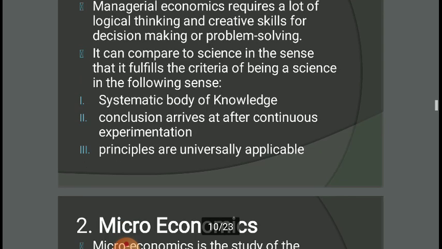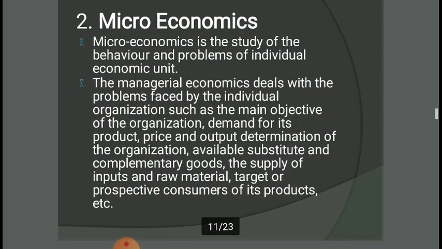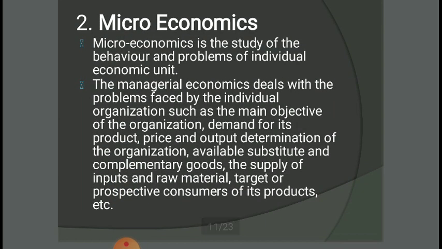Now, moving towards the second nature of managerial economics, which is microeconomics. You know that economics is basically divided into two categories. One is macroeconomics and second is microeconomics. Let us start with macroeconomics first. Macroeconomics is that branch of economics which is concerned with the whole economy, the total economy of the country, whereas microeconomics is that branch of economics which is concerned with one unit.